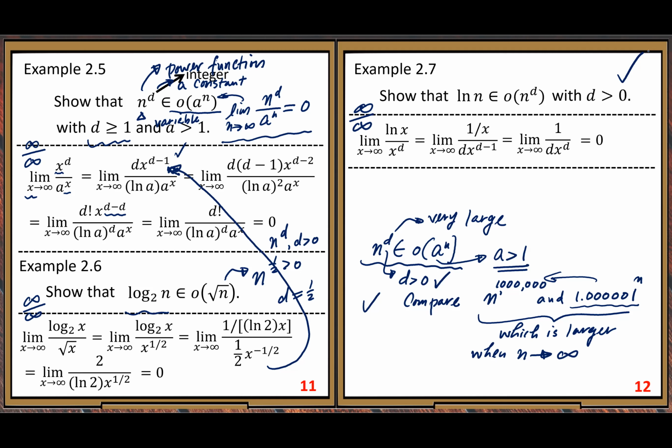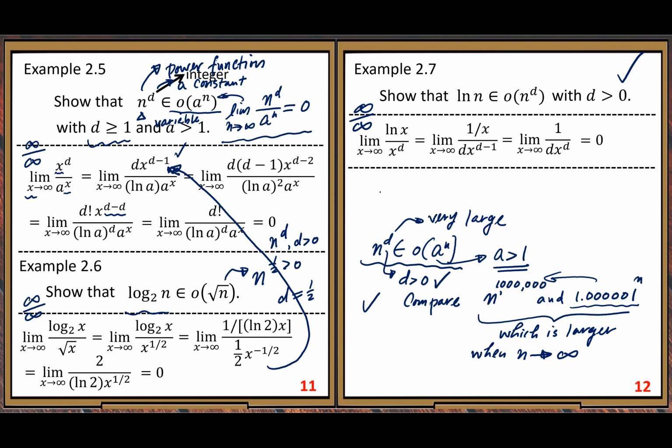Remember that positive d could be a very small number, but it's positive. It is close to 0, but it's not 0.